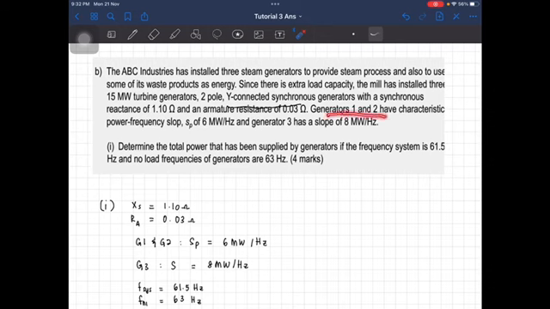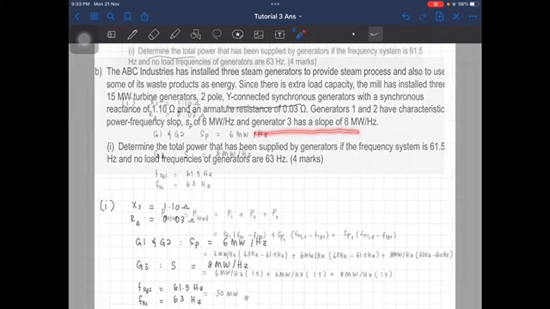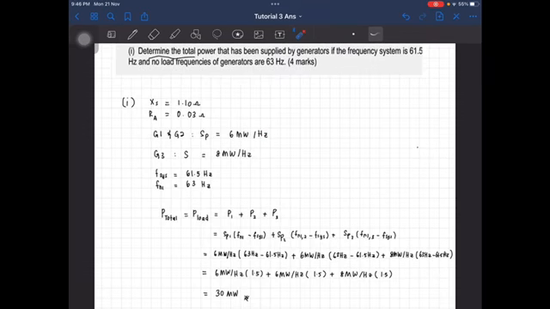Generators 1 and 2 have characteristic power frequency slope SP of 6 megawatt per hertz, and generator 3 has a slope of 8 megawatt per hertz. The question is, determine the total power that has been supplied by the generators if the system frequency is 61.5 Hz and the no load frequencies of the generators are 63 Hz.